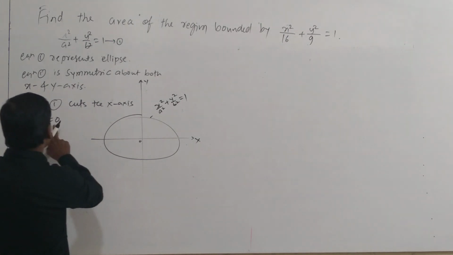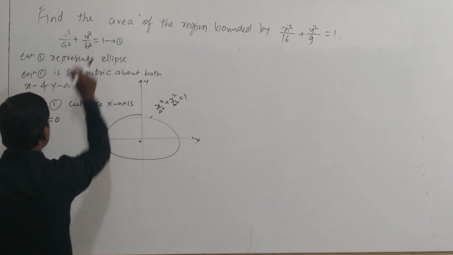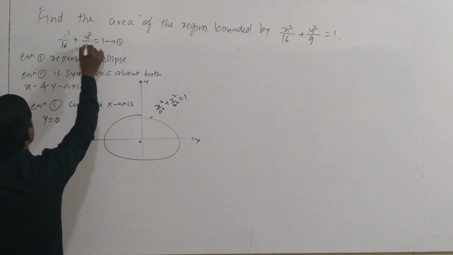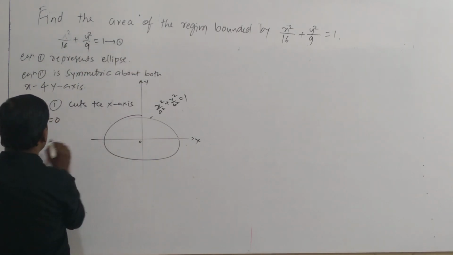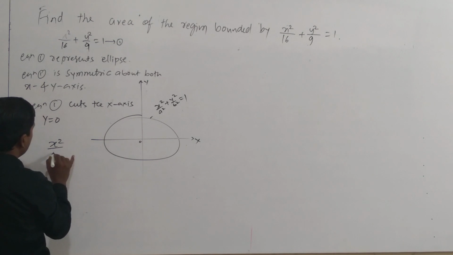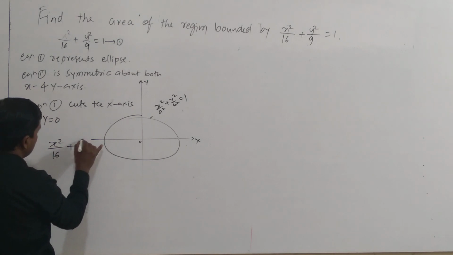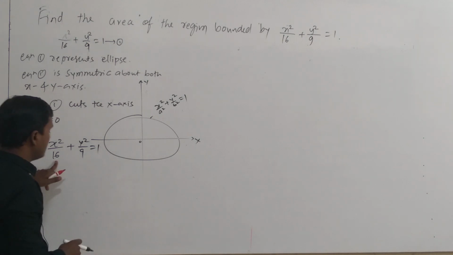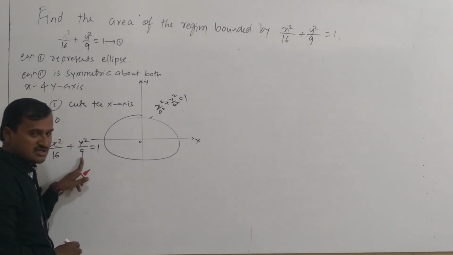Therefore substitute y equal to 0 in this equation, x square by 16 plus y square by 9 equal to 1. Clearly the value of a is 4 and the value of b is 3.